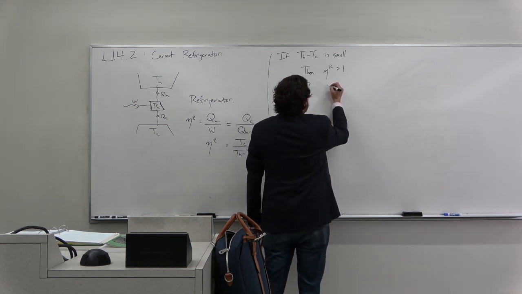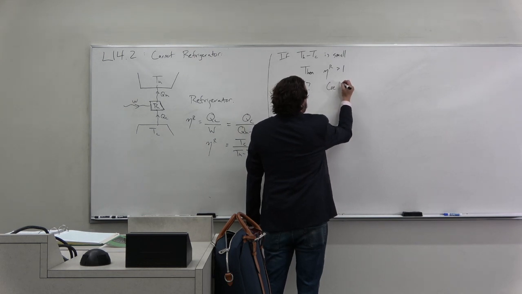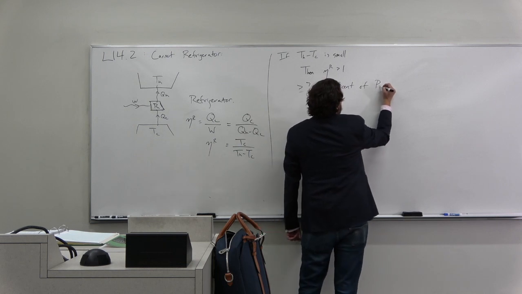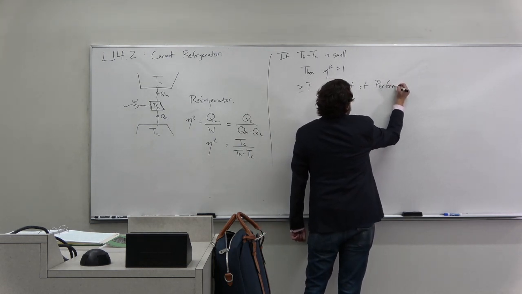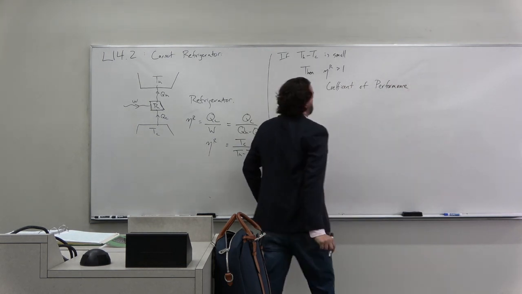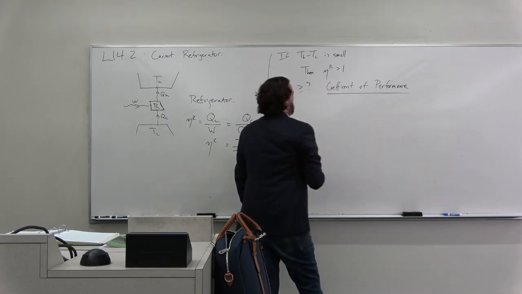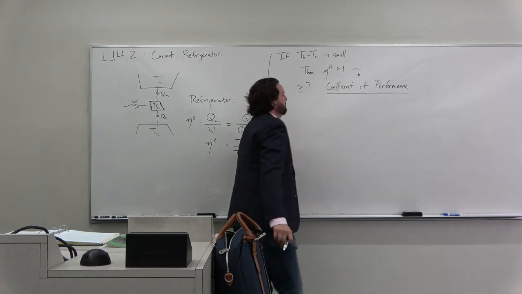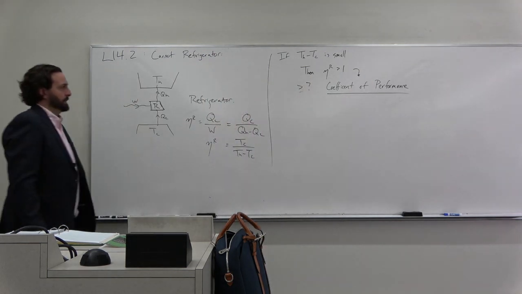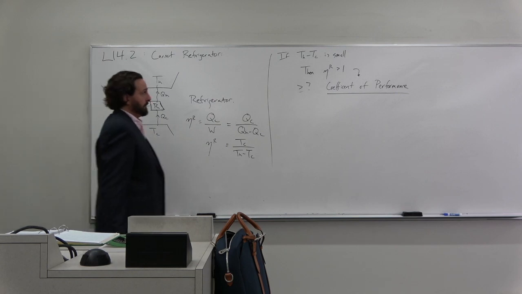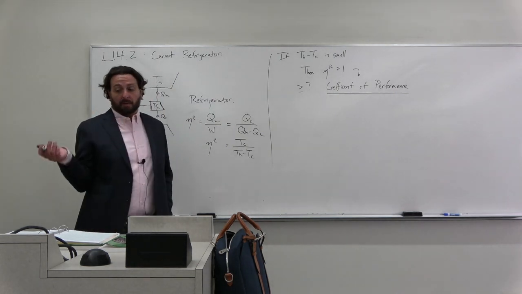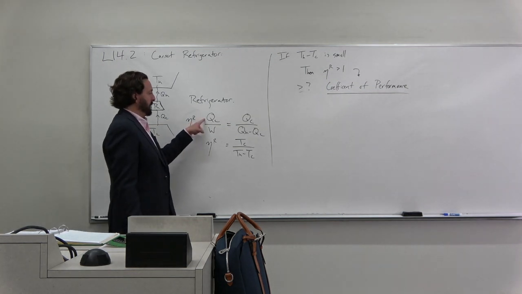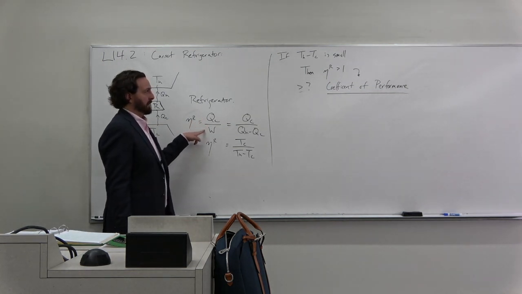Well, we don't call it an efficiency, we call it a coefficient of performance. So eta is our coefficient of performance. So the higher the eta, the more performing it is, right? That is, the larger eta is, the more heat we're extracting for the amount of work we're doing.